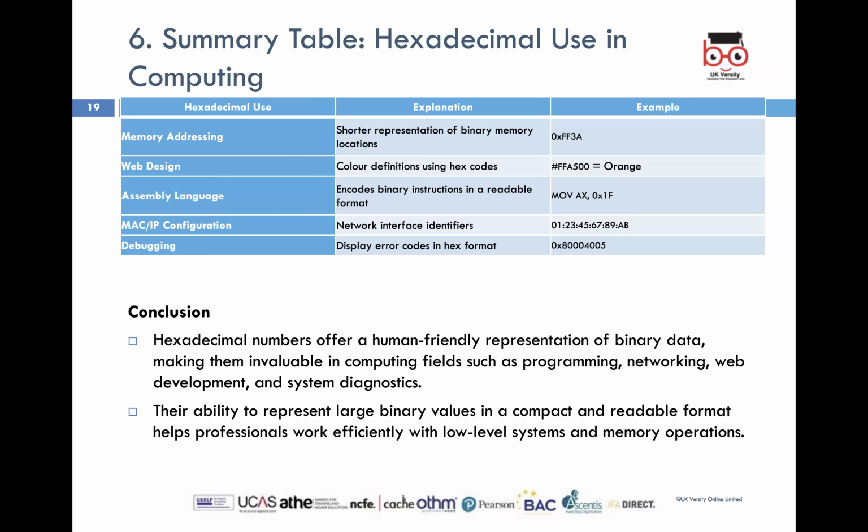The conclusion here is that hexadecimal numbers offer a human-friendly representation of binary data, making them invaluable in computing fields such as programming, networking, web development, and system diagnostics. The ability to represent large binary values in a compact and readable format helps professionals work efficiently with low-level systems and memory operations.